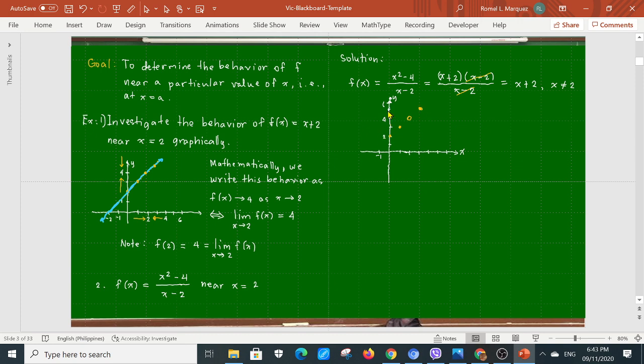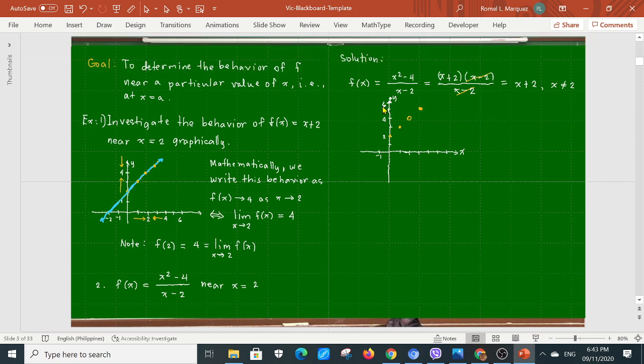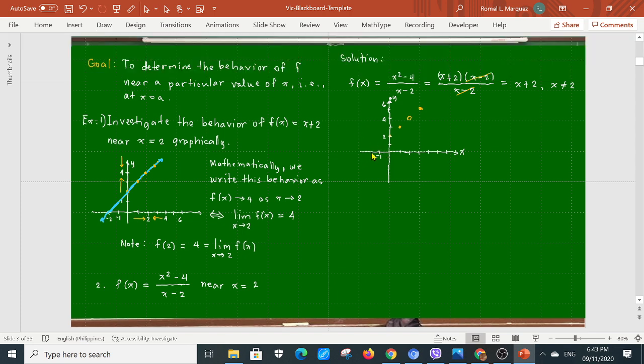Okay, so let's now trace. This is 6, no? I will trace now the function. I have to make it straight, so I have to graph it gradually so that it will really be straight. Then I will now trace it.